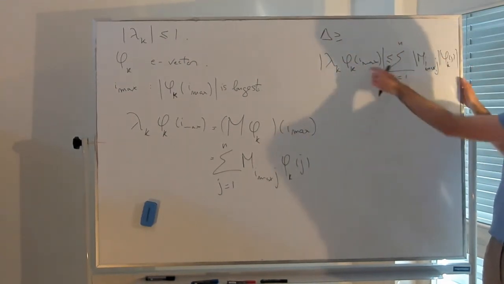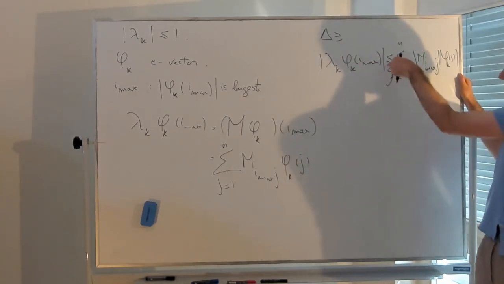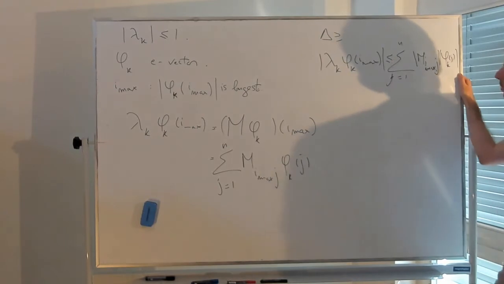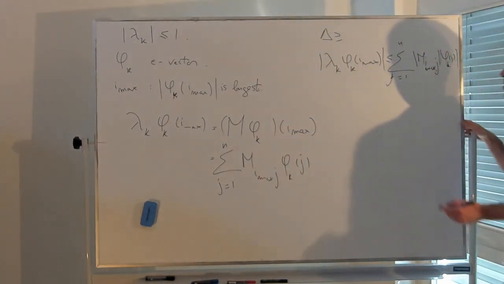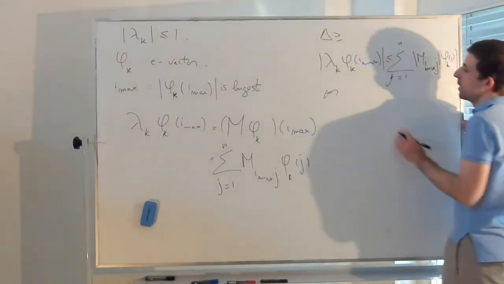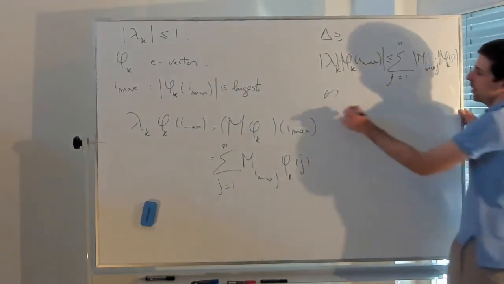The absolute value of the sum is smaller or equal than the sum of the absolute values, and then I can put an absolute value on the product. Each one of them is all the same, nothing changed.